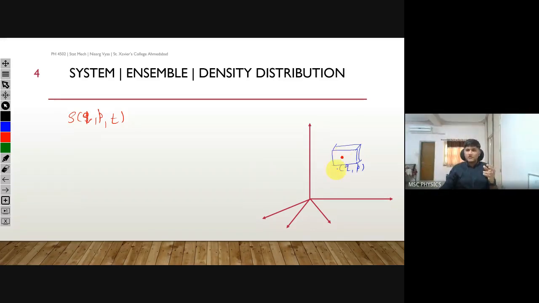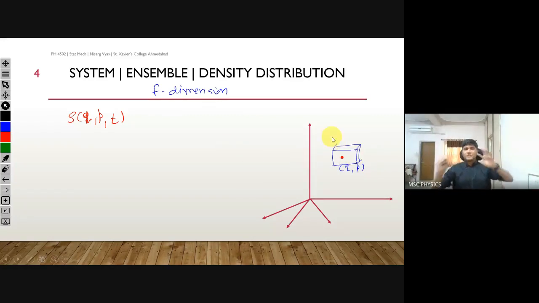Just like in three dimensions, if we want to enclose a point, we need a box, so to enclose this point in f dimensions, we need an f-dimensional surface.